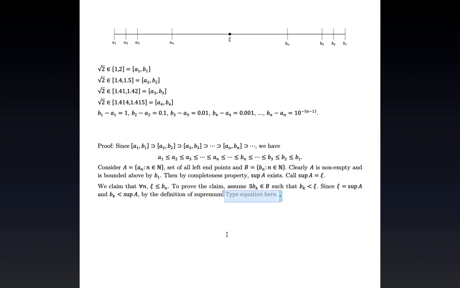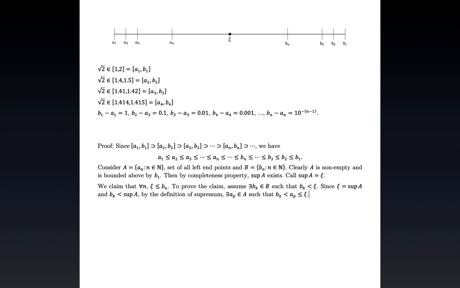So there exists some AP from A such that BK is strictly smaller than AP, which is less than or equal to xi.